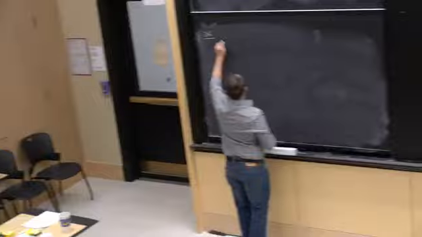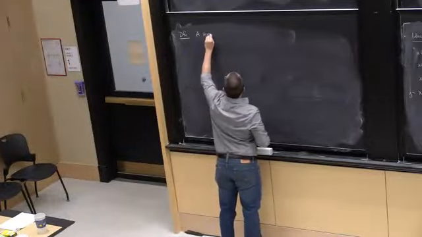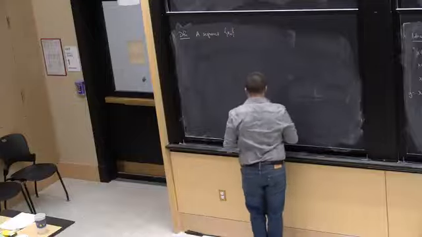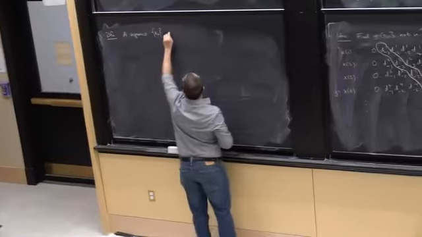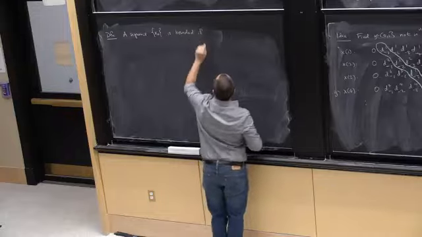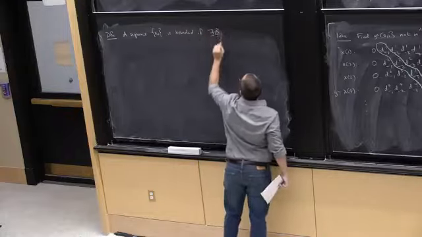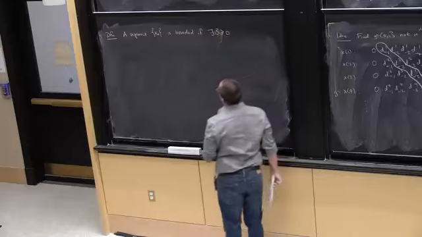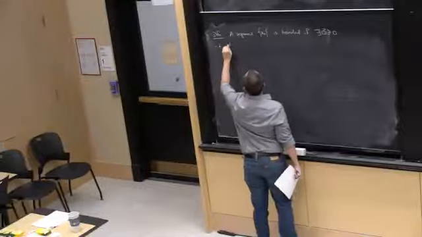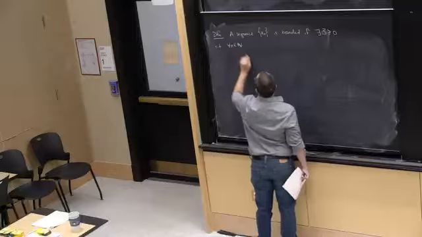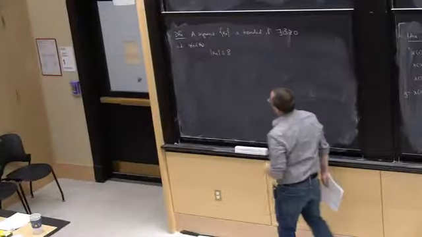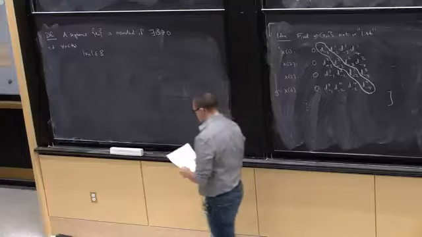So a sequence x sub n is bounded if there exists some real number b bigger than or equal to 0 such that for all n in the natural numbers, x sub n is less than or equal to b in absolute value. Okay?